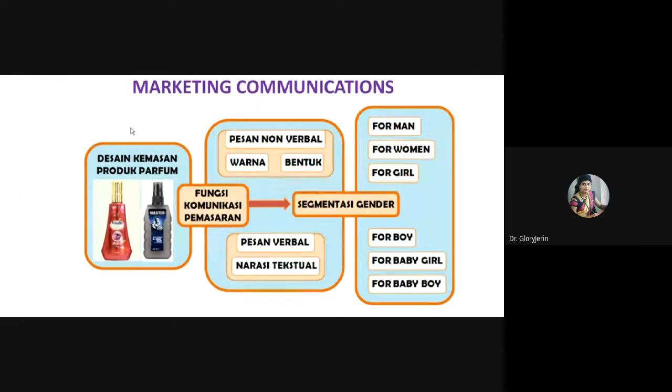Segmentation means sorting consumers into groups that have similar needs. Perfume, men's needs and women's needs are different. I don't like to use my wife's perfumes or my girl's perfumes. I use masculine perfumes or sporty, not sensuality, not feminine.